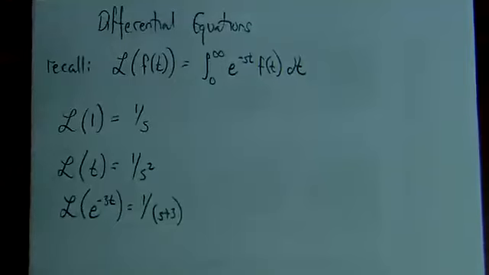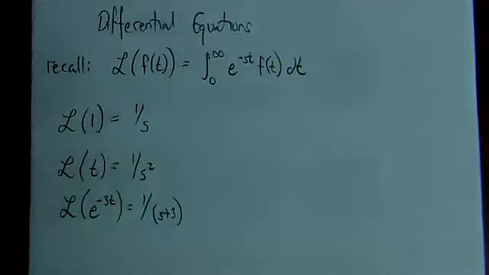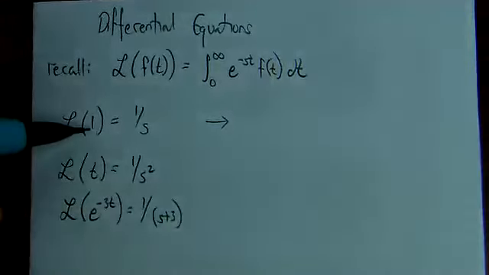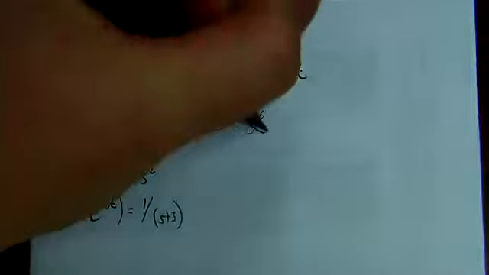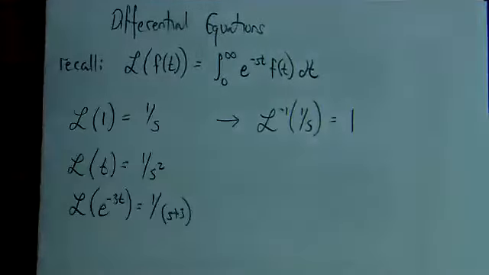The same idea here. I don't really have to be able to undo this Laplace transform so much as recognize that if you tell me you started with a function and took the Laplace transform of that function, and the Laplace transform that you got was 1 over s, then the function you had to have started with was 1. There's no other option.